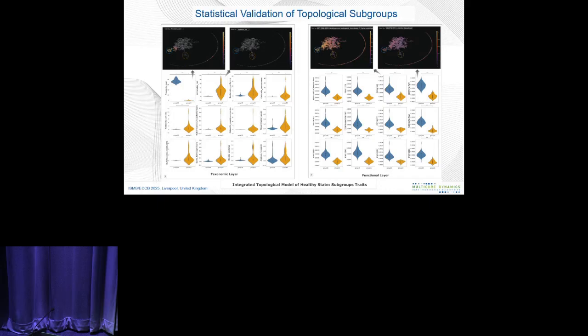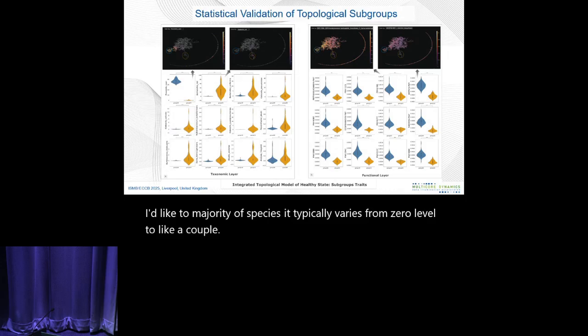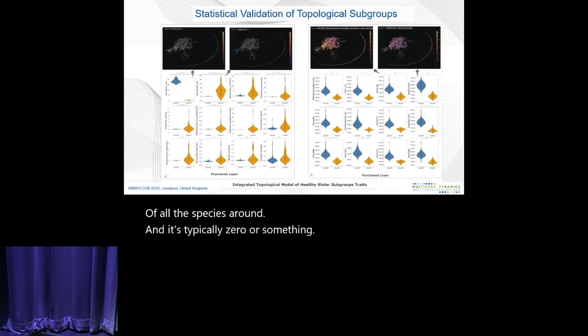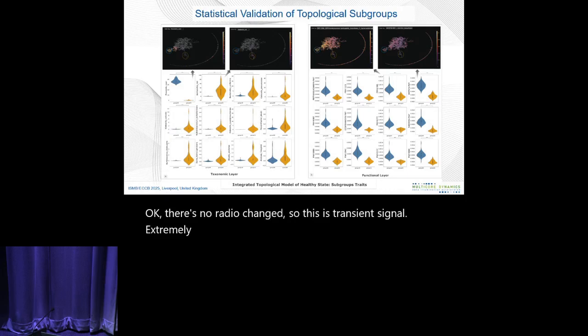Unlike the majority of species, it typically varies from zero to like half of all the species abundance. And it's typically zero or something. Not a gradual change at all. So this is an extremely strong signal between individuals.